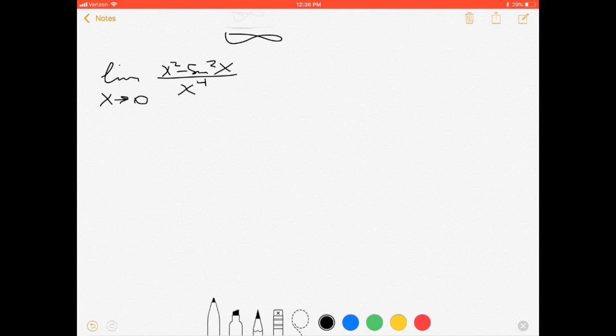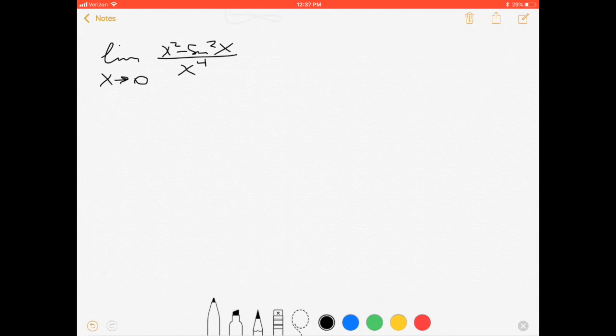If you plug in x equals 0 in your function, you have 0 over 0. Okay, this means the L'Hopital rule can be used correctly.